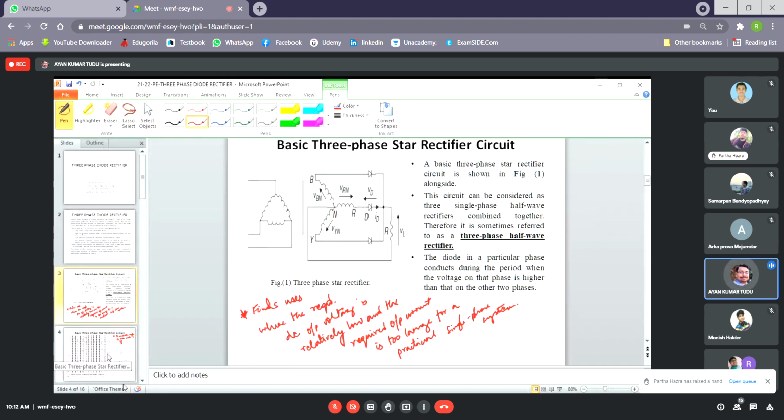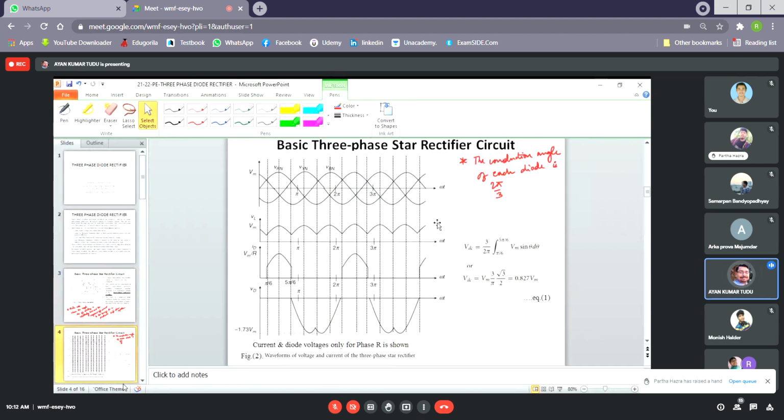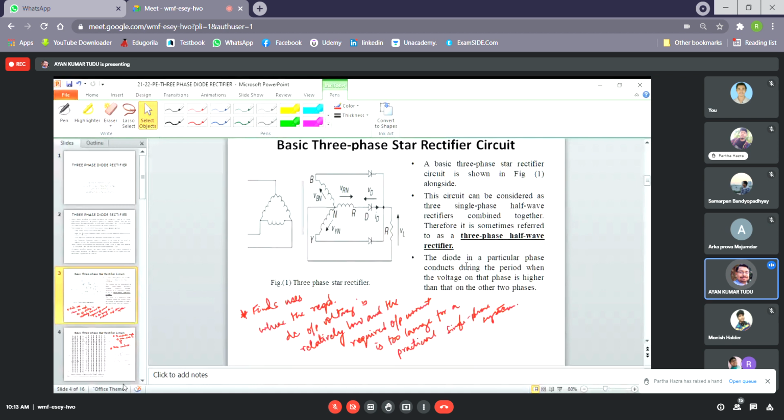Now we are taking the phase R as an example. We are seeing the diode conducts from which point to which point. As you can see, the diode is conducting from pi by 6 to 5 pi by 6. As we have just said, the diode in a particular phase conducts during the period when the voltage on that phase is higher than that on the other two phases.